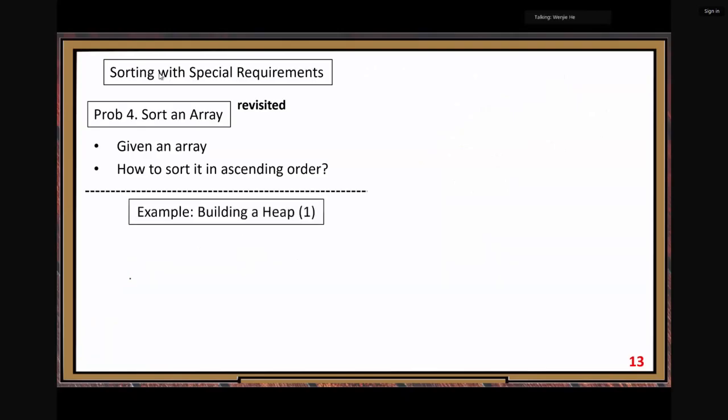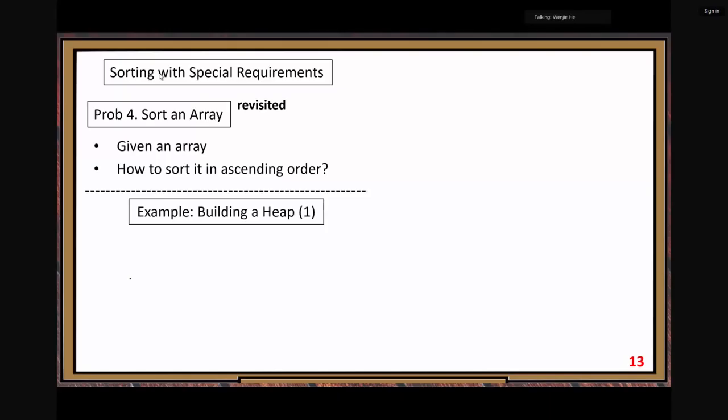Then next, we want to look at the example of building a heap. It's important because think about when we start, we are given an arbitrary array, right? An arbitrary array is not a max heap. The question is, how do you convert it to a max heap?